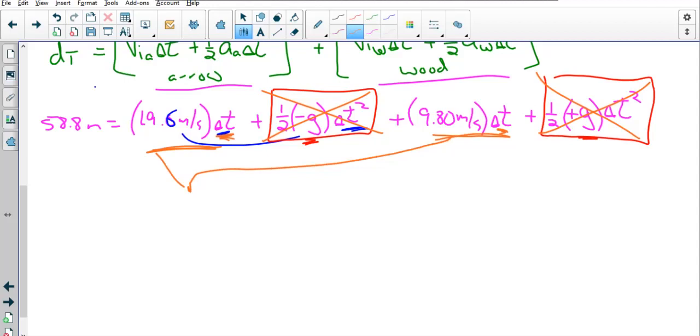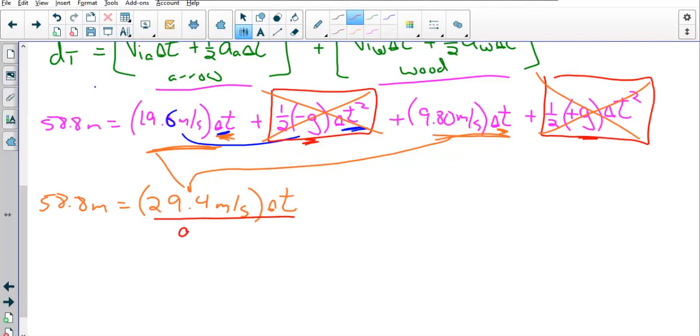And so you end up with 58.8 meters. Add the 9.8 to the 19.6, and you should get 29.4 meters per second multiplied by your actual time. And so at this point, just divide by your 29.4 meters per second. That'll cancel out.